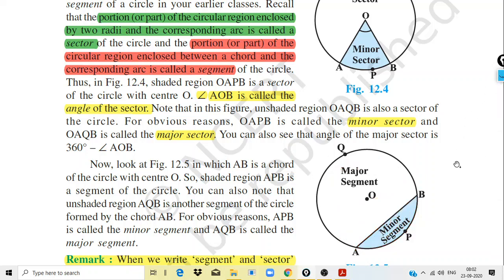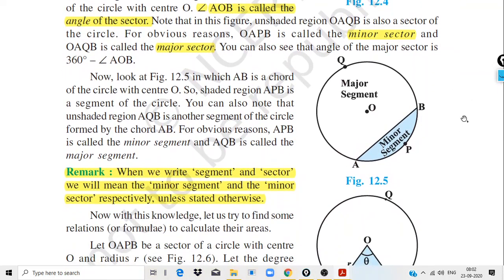When we write segment or sector, we will mean the minor segment or minor sector. That is what I was just saying. If you are saying only segment, then you assume that this is the minor segment. If you are saying only sector, then you say that is the minor sector.